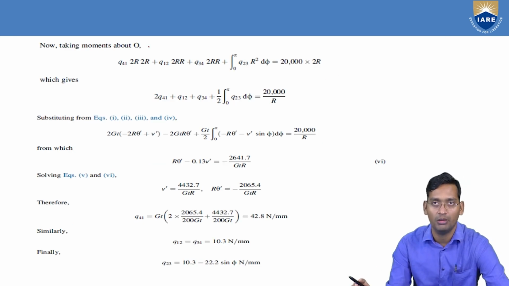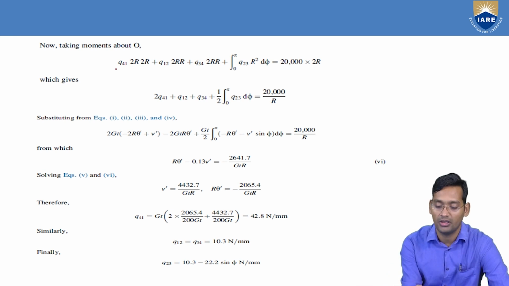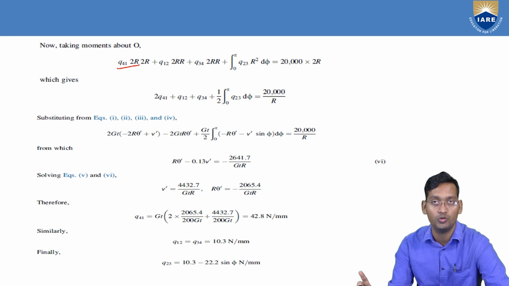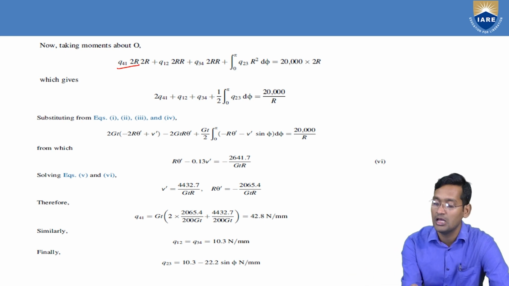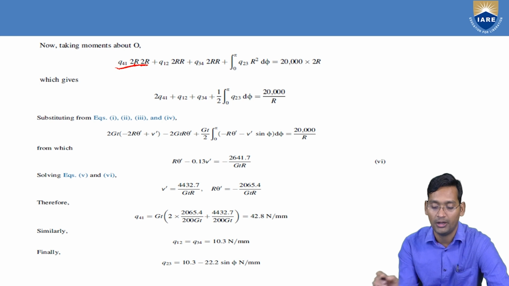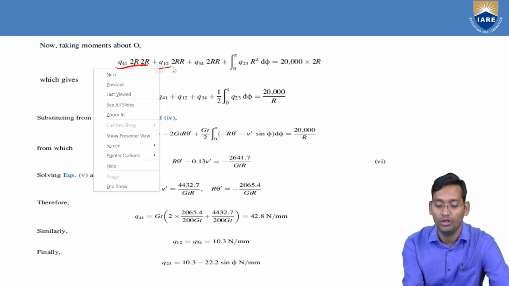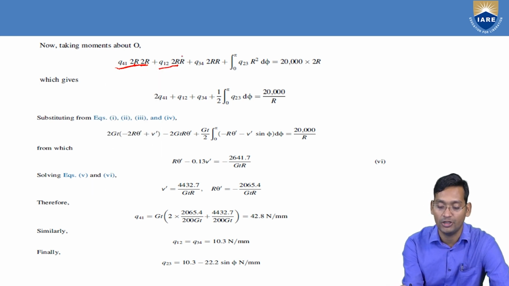Now taking moment about O. After taking moment about O, Q41 into 2R is the force, and the force into perpendicular distance, which is 2R. So force is stress into area into that distance. So Q41 into 4R square, plus for Q12 into 2R, that is area, and R is the distance for Q12.